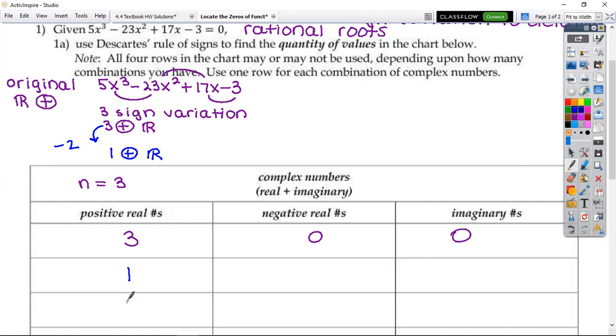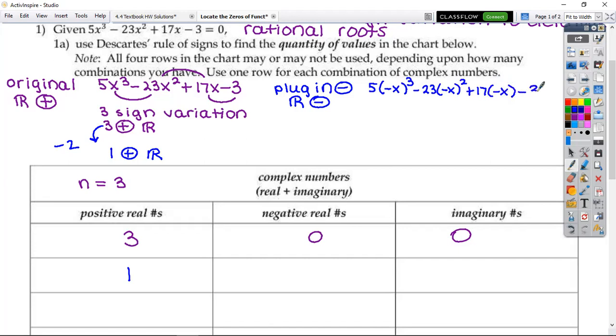Now we check the negative to figure out the rest of this chart. And you're not necessarily going to use all of these rows. So now I am going to plug in negative for all of the x's. And this is going to give me the reals that are negative. So I'm going to go 5 times negative x to the third, and then minus 23 times negative x to the second, and then plus 17 times negative x and minus 3.